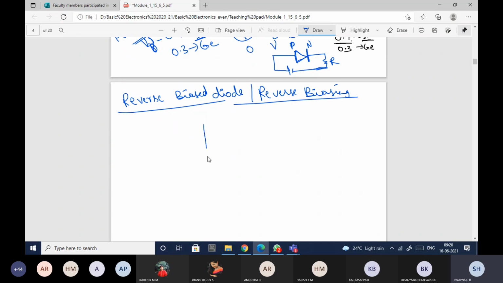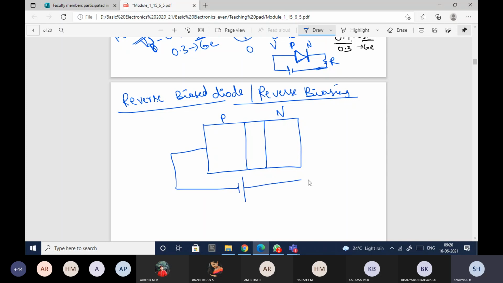Now, can you tell me how the P side and N side should be connected? This is my depletion region. This is my P-type material and this is my N-type material. P should be connected to negative and N should be connected to positive. When P is connected to negative and N is connected to positive, what happens? We have to check. Here I have holes and here I have electrons.